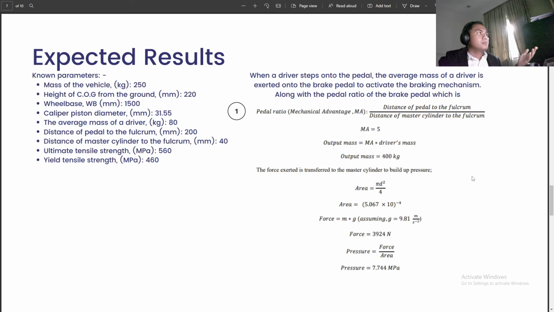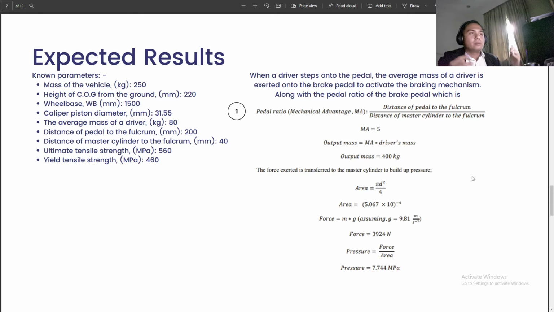So here are the known parameters for the theoretical calculation. The ultimate tensile strength and the yield tensile strength is for the brake rotor. So we start out by using the known Taylor ratio, which is 5. Then using the average mass of the driver, which is 80 kilograms, you multiply with the mechanical advantage and you will get the output mass of 400 kilograms. Then from the piston diameter of the master cylinder, we can get the area of the master cylinder.